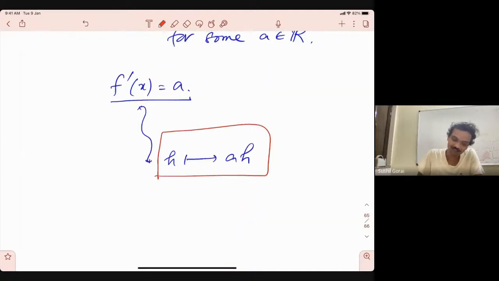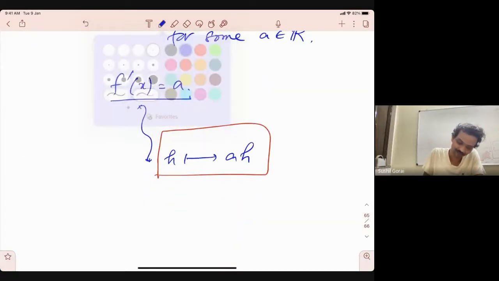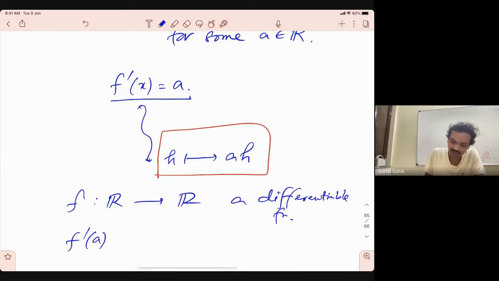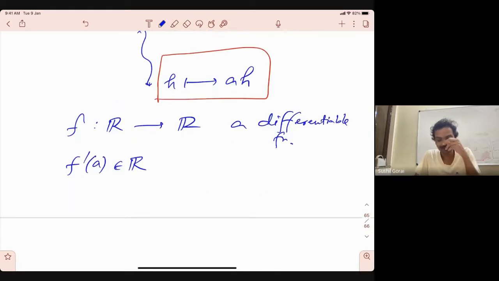So in general, we had this f from R to R, a differentiable function. Then f prime a is a number, it belongs to R. That's why you can do this, because you can do this limit quotient stuff, and you get a number.